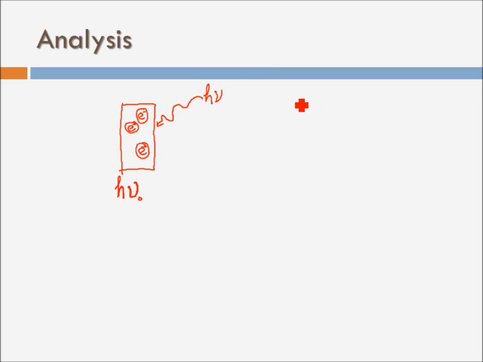For observation of the photoelectric effect, h nu must be greater than or equal to h nu naught. If h nu is less than h nu naught, then we will not observe the photoelectric effect. That is, no electron will be ejected and hence no flow of current can be observed.